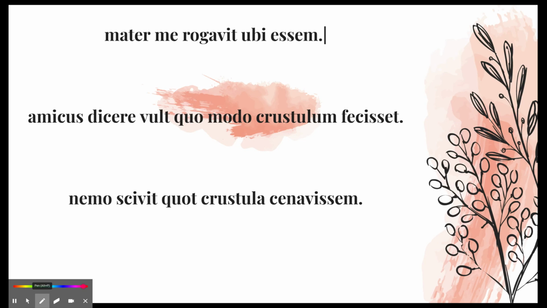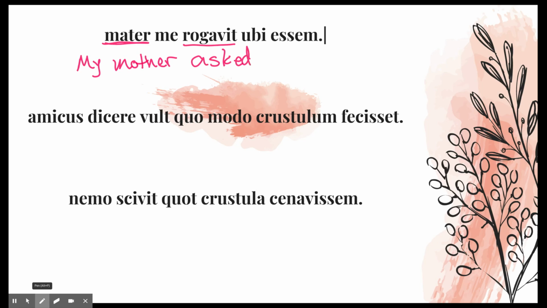Mater me rogavit ubi essem. My main verb here is rogavit, asked. My mother, I'm going to assume it's mine, so let's go with my mother asked me, my direct object. Now what I have here is my actual indirect question.